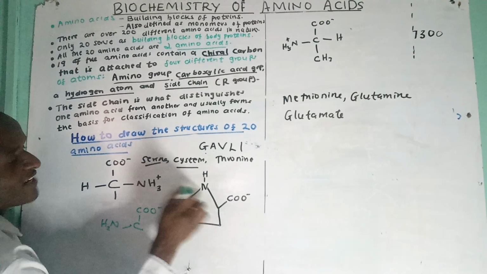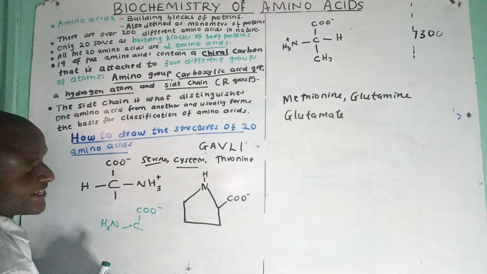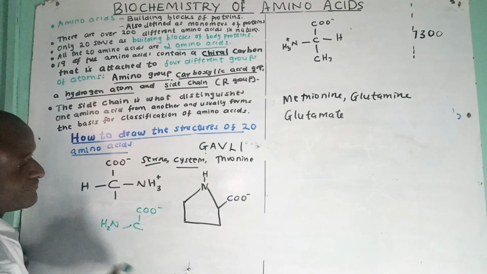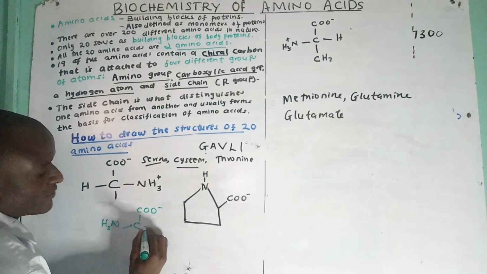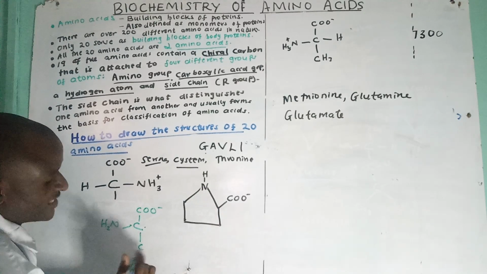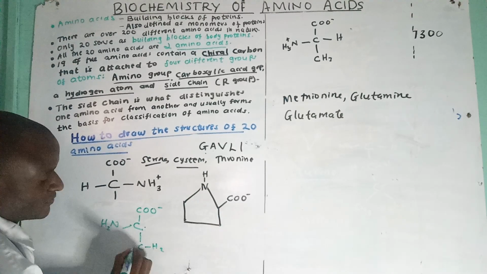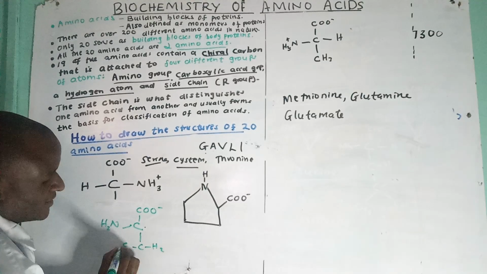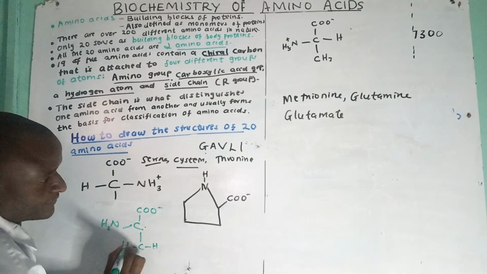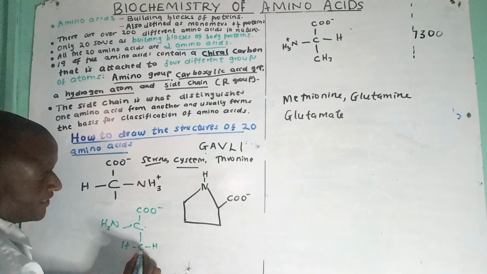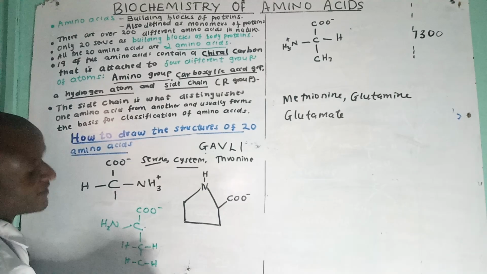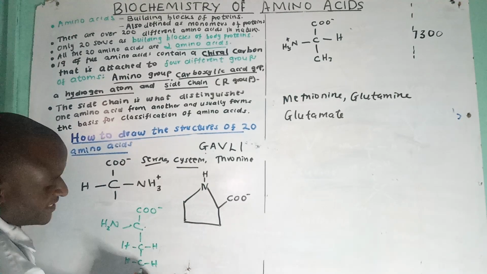Remember, when we don't show a hydrogen on a cyclic compound, a hydrogen atom is normally silent. Then we have this other group, this R group. This is CH2, this is HH. This one is also CH2, that's HH. This one is CH2 also.